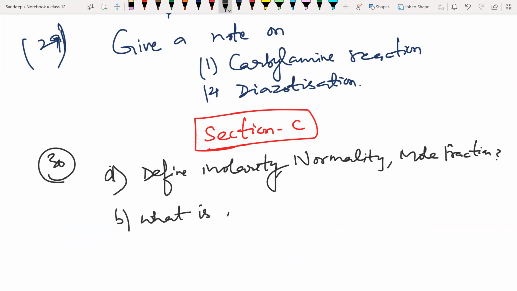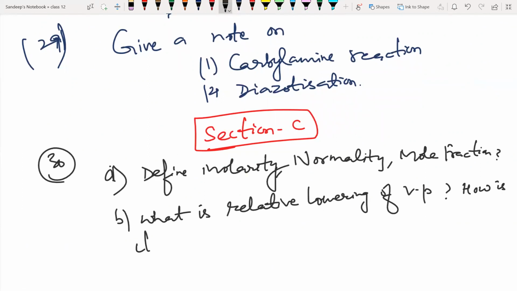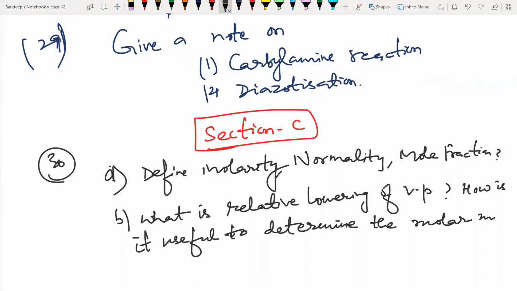What is relative lowering of vapor pressure? How is it useful to determine the molar mass of a solute? So very, very important question coming up from solution chapter.